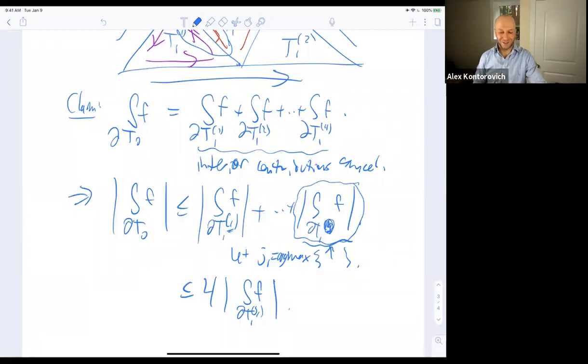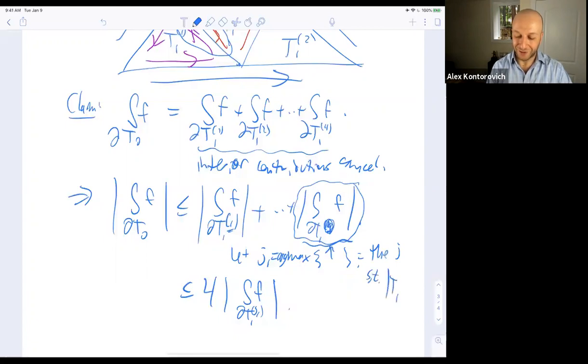I could just write it in words instead. This is the J such that the integral over the boundary of T1J of F in absolute value is largest. Is that better?